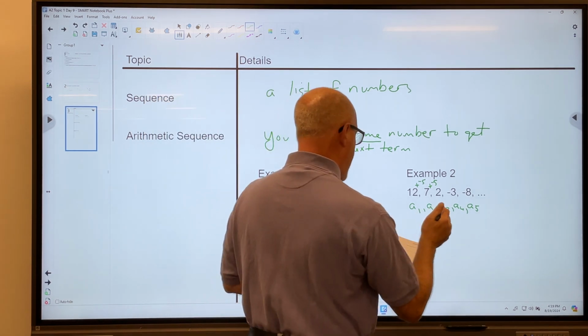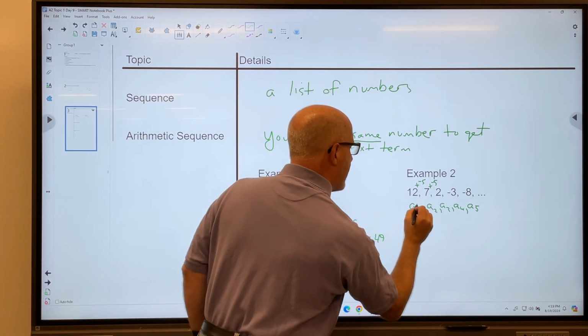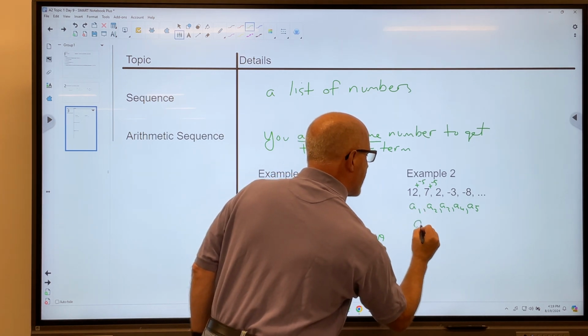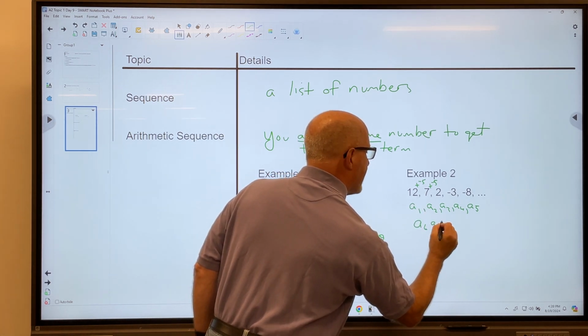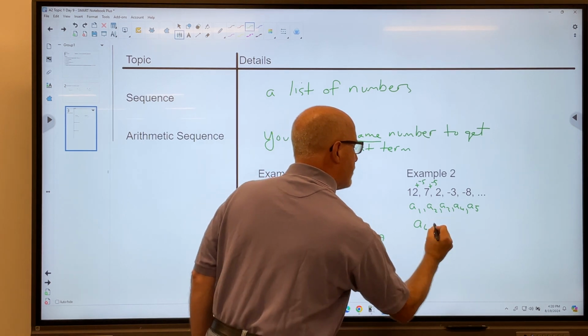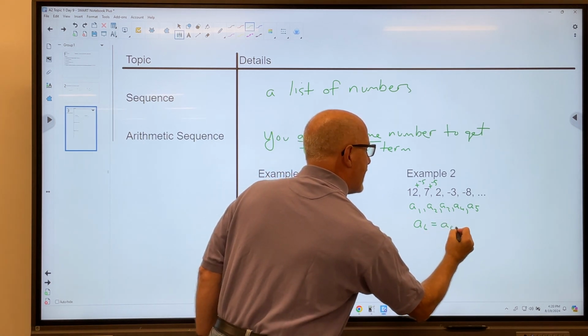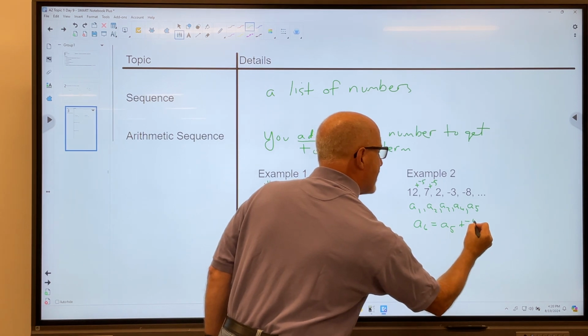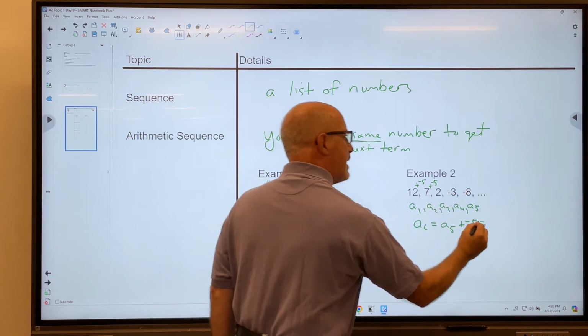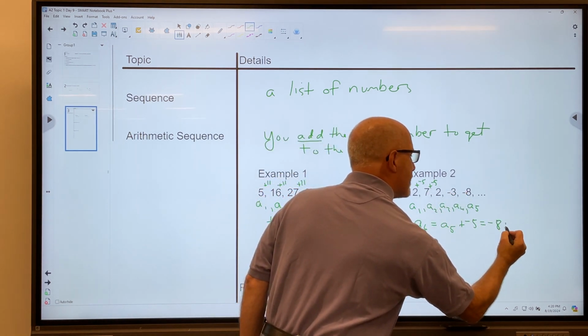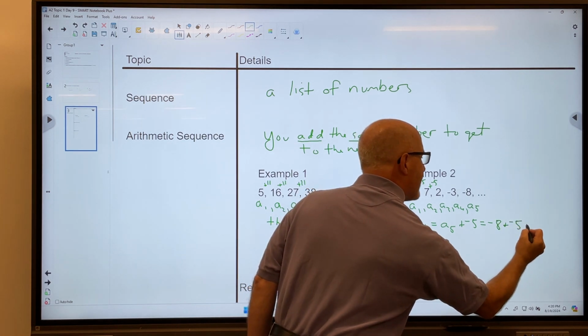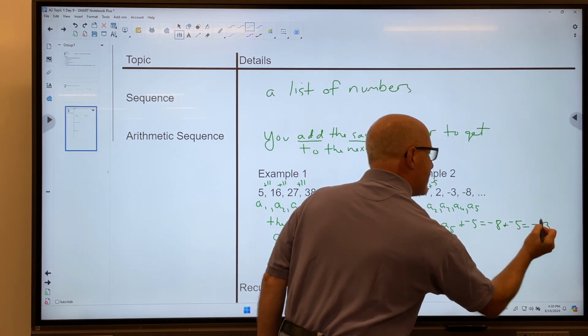So what we've got here then for this is, if we're going to find the sixth term, we're going to take the fifth term, and we're going to add negative 5 onto it. So that's going to be negative 8 plus negative 5, and that gives me negative 13.